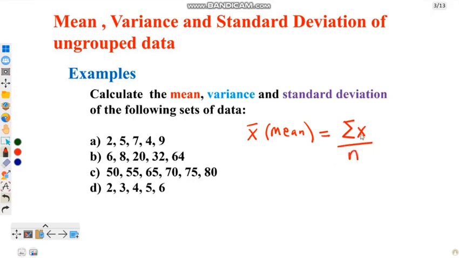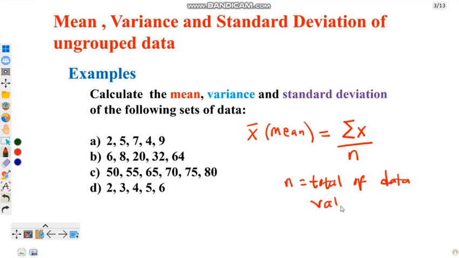This x represents the data set values that you have been given, 2, 5, 7, 4, and 9. Then n represents the total number of data values.